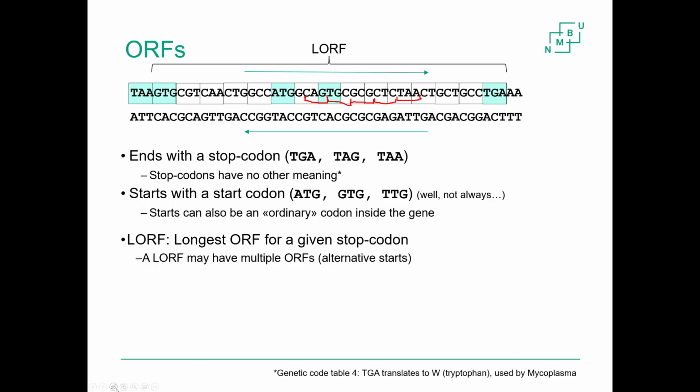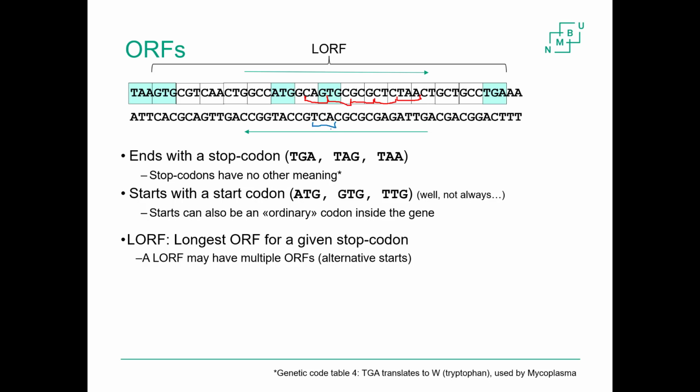Or we can, of course, also go looking at the other strand, right? Because this was both on the positive strand. What about the negative? Genes can be there as well. And then we have to reverse complement everything, right? And how does the stop codon look then? Well, I think here we have one.